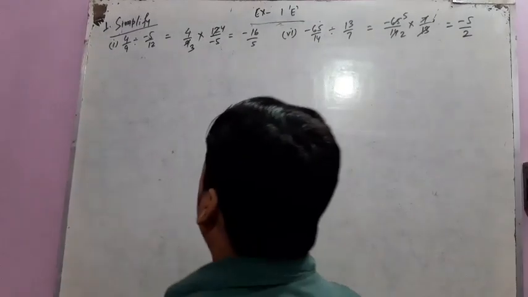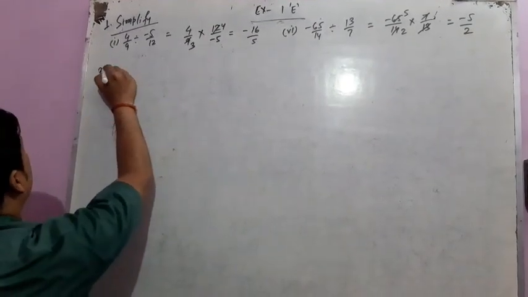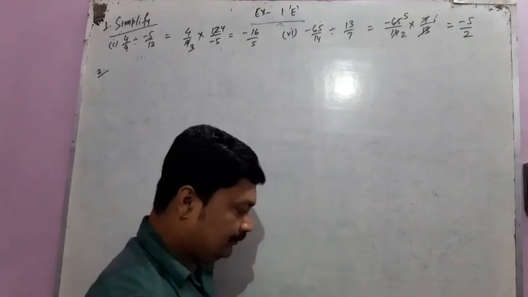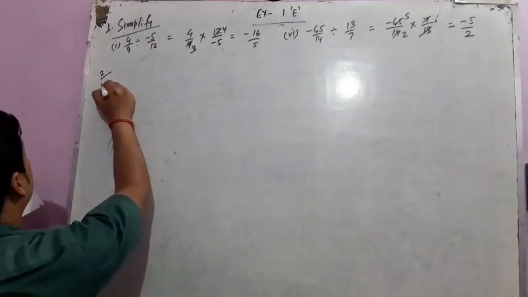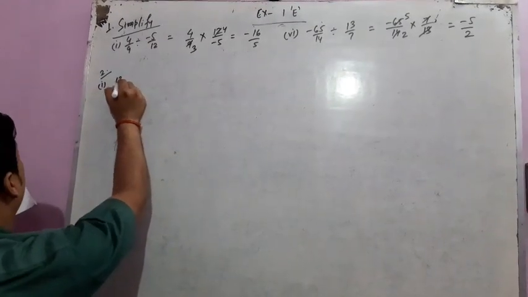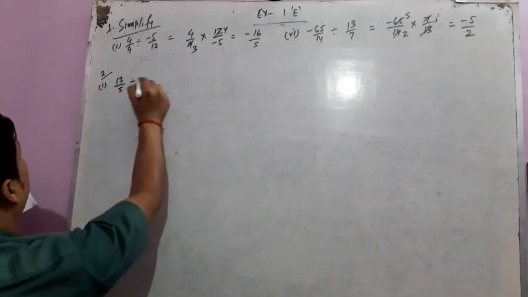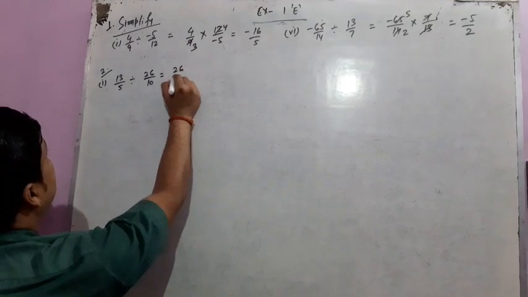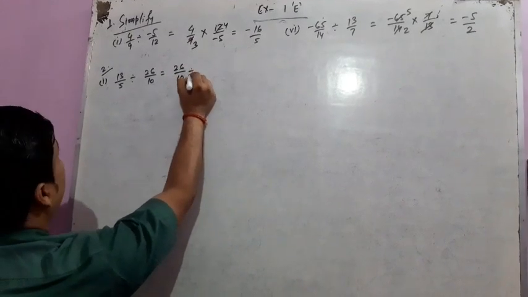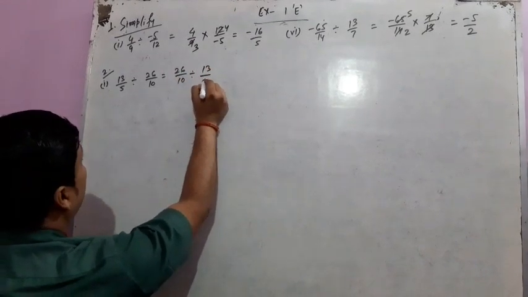Okay. Now look at question number 2. In question number 2 it is given: verify whether the given statement is true or false. So look at the first question here. 13 by 5 divided by 26 by 10 is equal to 26 by 10 divided by 13 by 5.